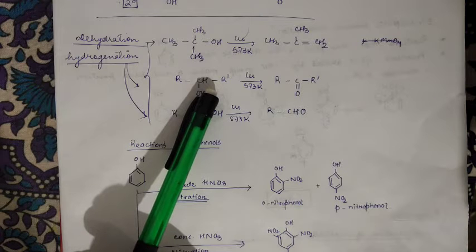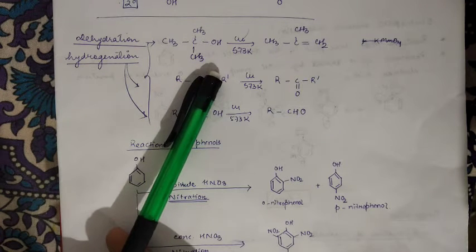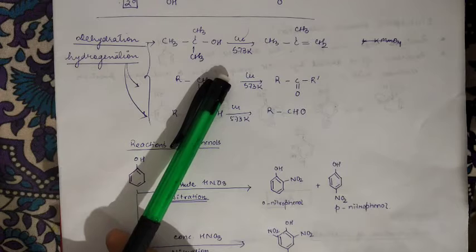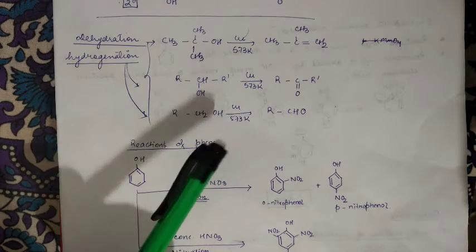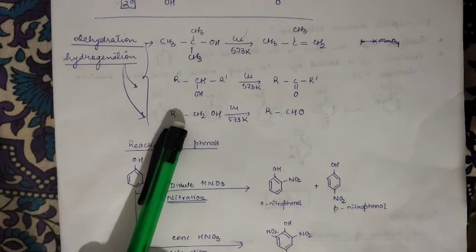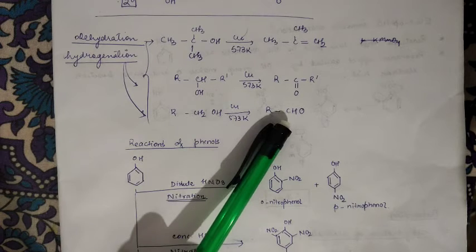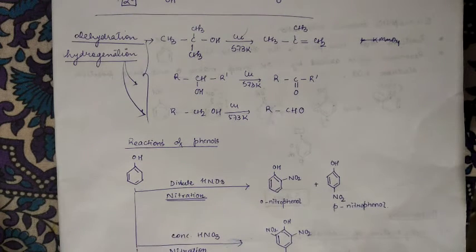But if we use copper, then alkene is produced. So this thing you have to keep in your mind. Then for primary alcohols, we will obtain an aldehyde. So this thing you have to fix.